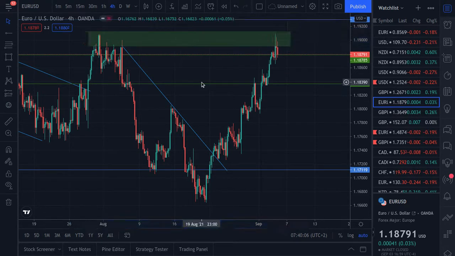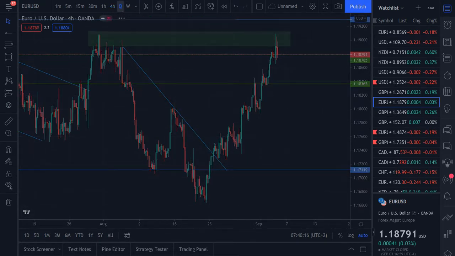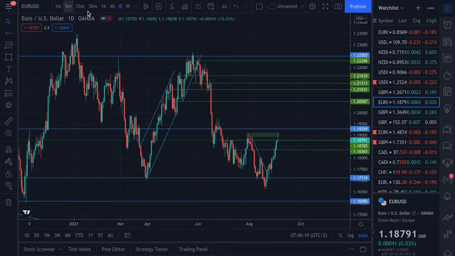Cool. So as you can see, it just pulled up and then reached this level right here. That level right there. I'm gonna drop it down to day. As you can see right there, quite clear. So what I'm expecting from this is a sell.